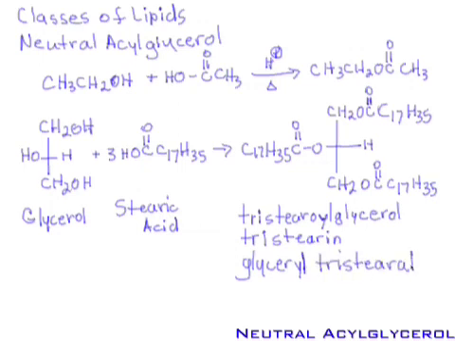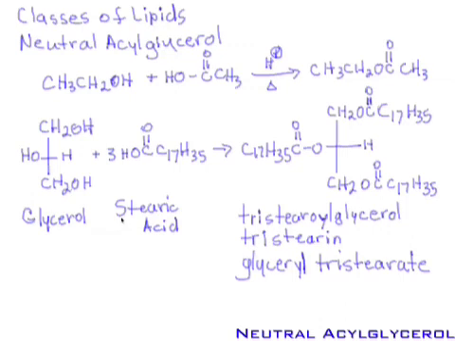So, having established what fatty acids are, we now see that they can interact with molecules like glycerol to make what are called triacylglycerols. In the case of stearic acid, we make glycerol tristearate.